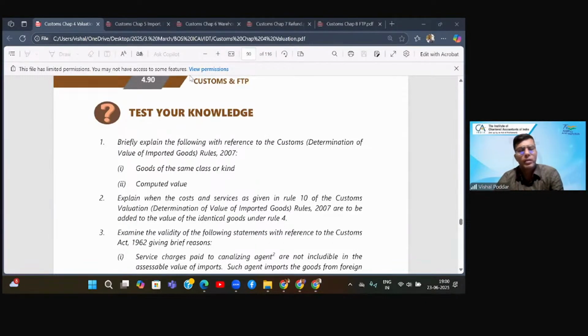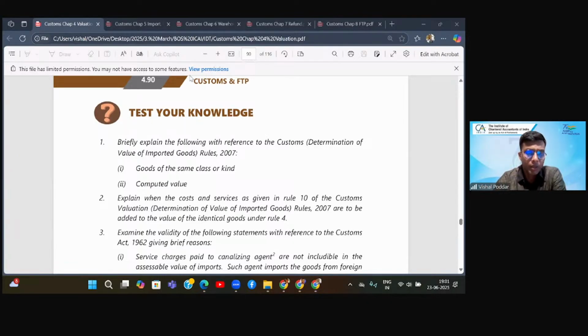Why, beta? See, bill of entry, when we file, we have to only do assessment. Duty is paid only when the goods are finally removed. So at the time of filing bill of entry, we have to only do assessment, not make payment, right? Because when someone files a bill of entry, it means he's paying custom duty.